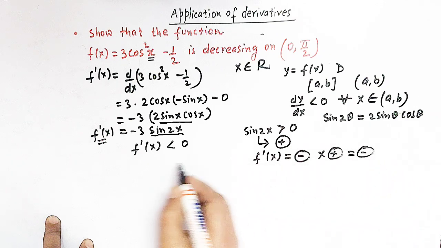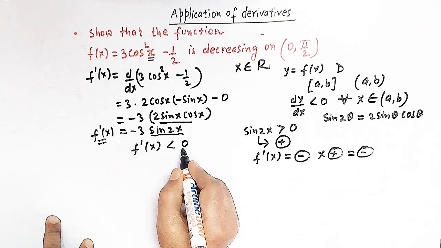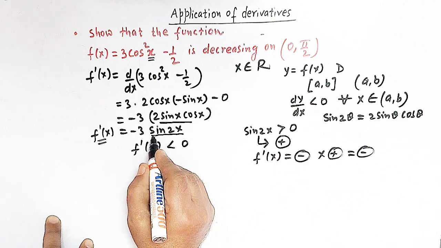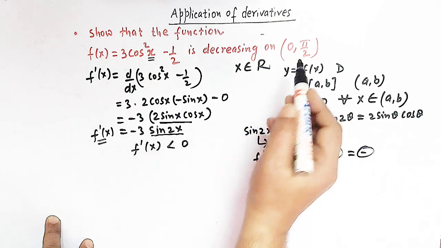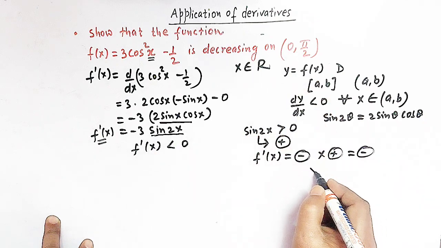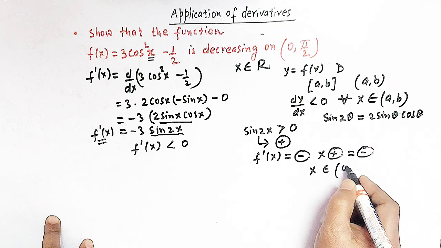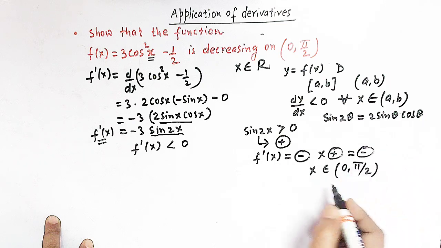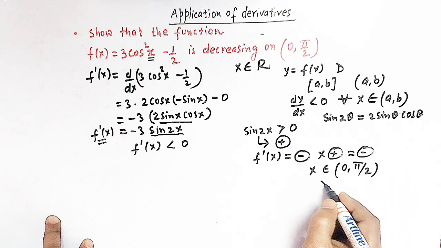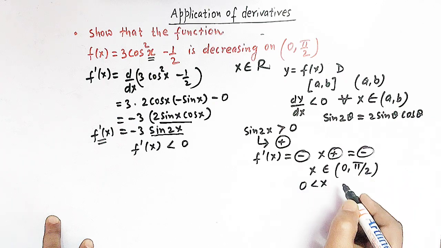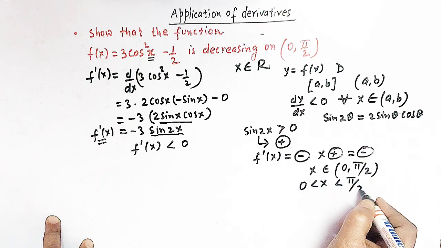So in that case only f prime of x is less than 0. Now let us consider the sign of sine 2x in the interval x belonging to 0 to pi by 2. So x belonging to 0 to pi by 2 implies that x is greater than 0 but less than pi by 2.